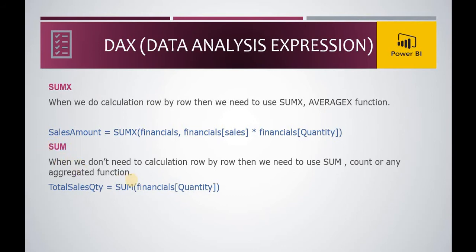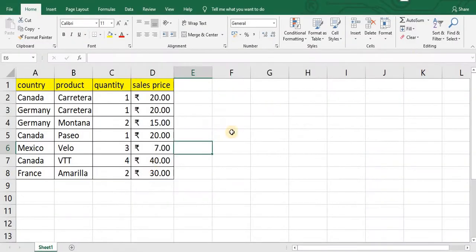So let's understand how it does the calculation. For understanding purposes, I have taken this demo in Excel. Here we have some columns called country, product, quantity and sales price, and for every country and every product, this is the price.